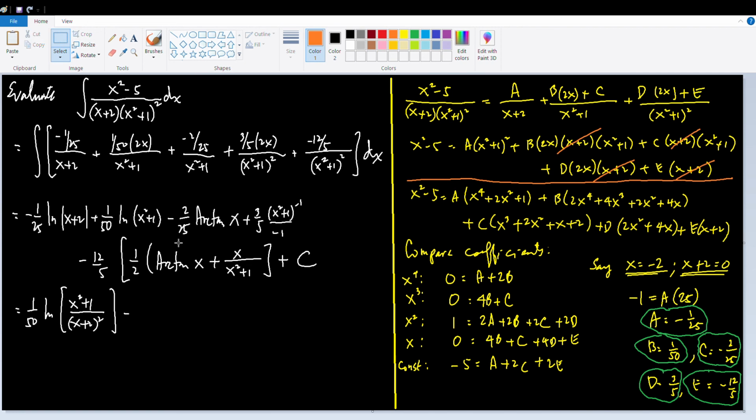See this? Negative 2 over 25. And how about this one? It becomes negative 6 over 5.